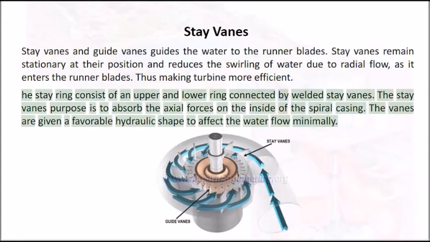Stay ring consists of an upper and lower ring connected by welded stay vanes. The stay vane's purpose is to absorb the axial forces on the inside of the spiral casing. The vanes are given a favorable hydraulic shape to affect the water flow minimally.